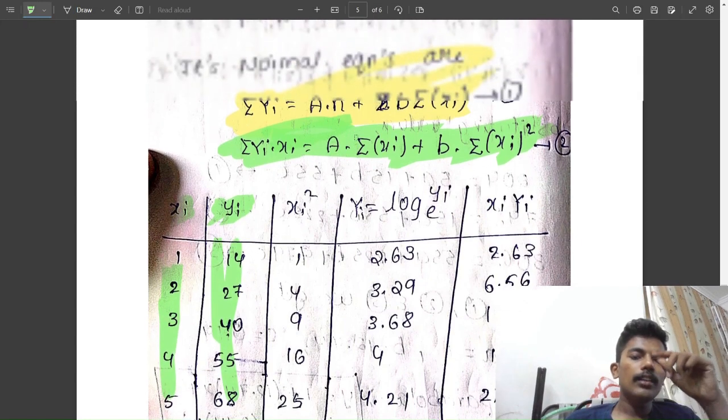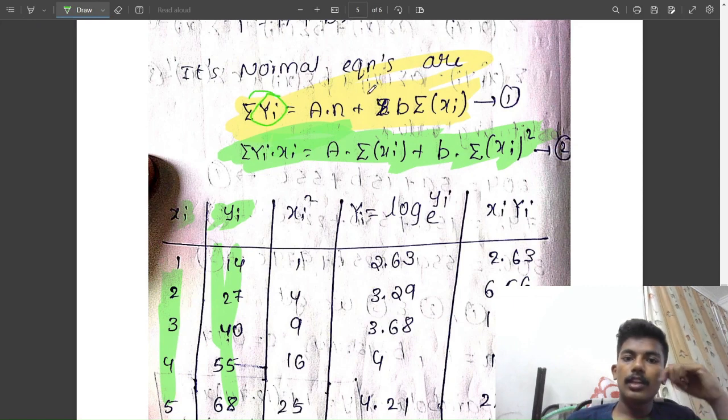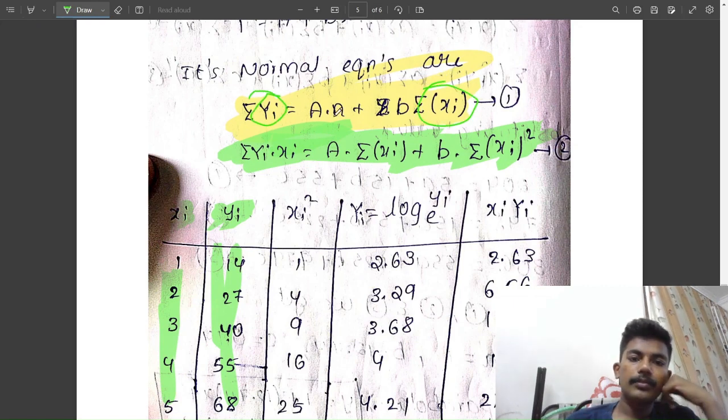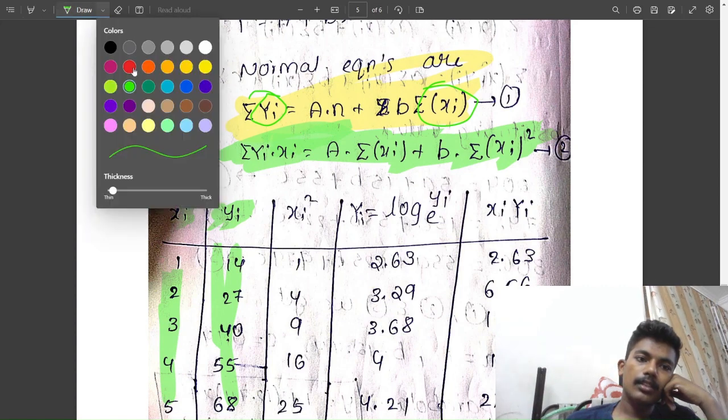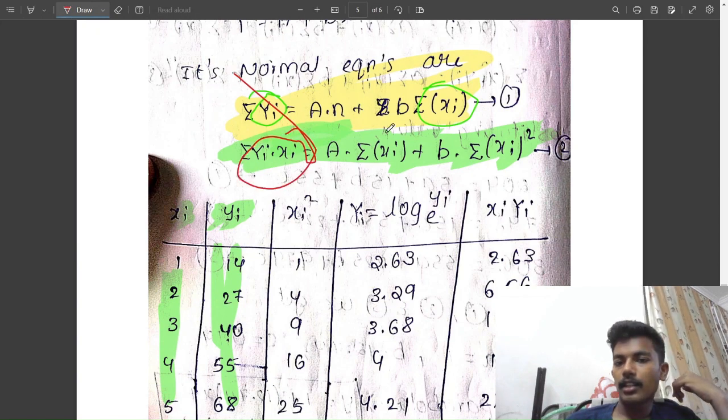So here, to find these normal equations, we want summation yi, summation xi, summation yi xi, and summation xi square.